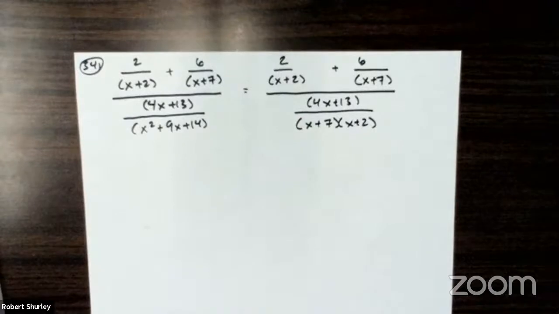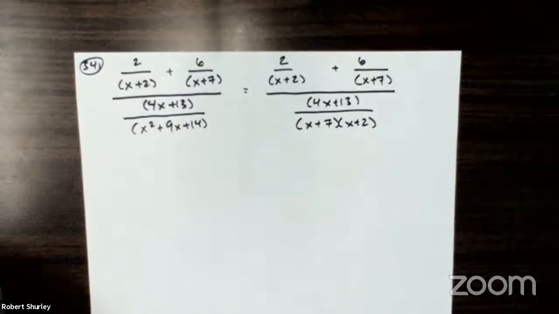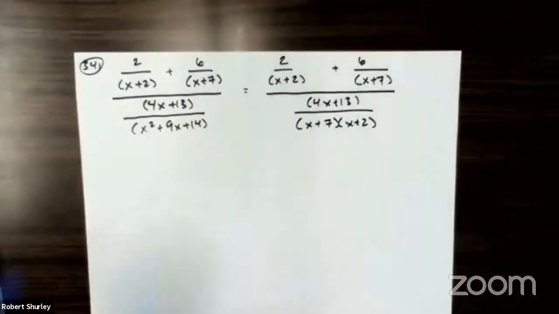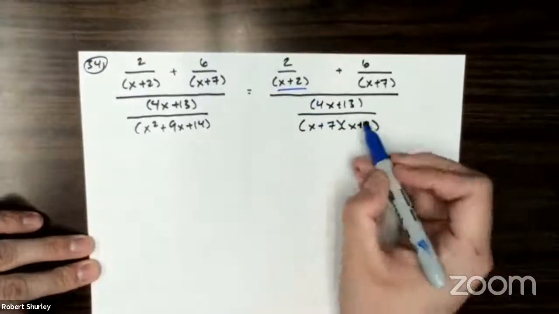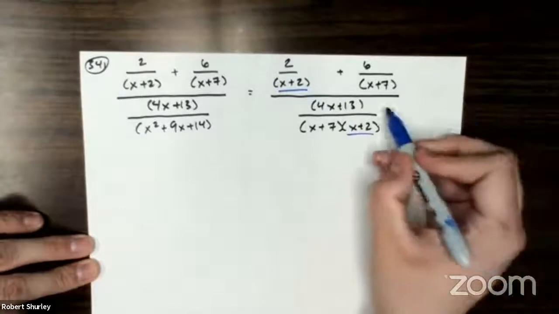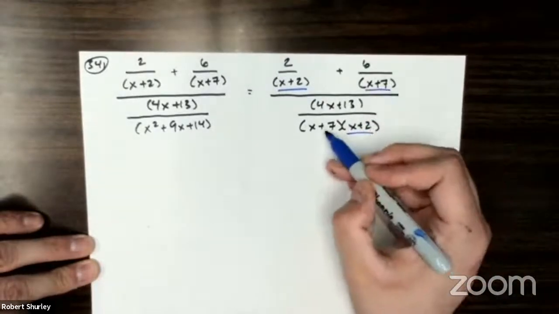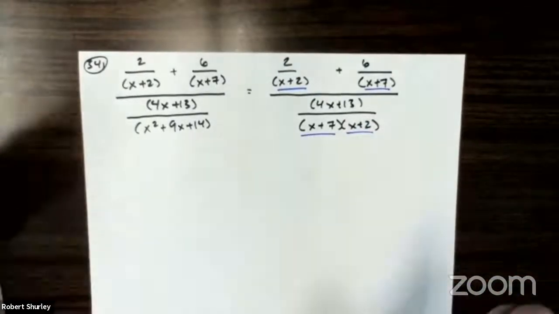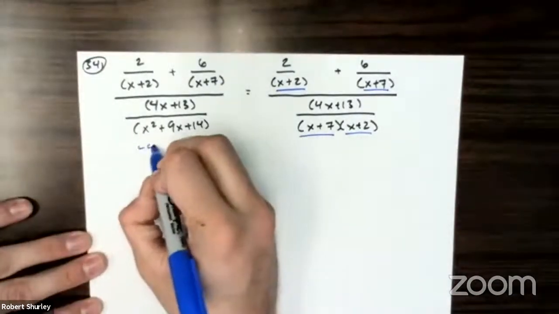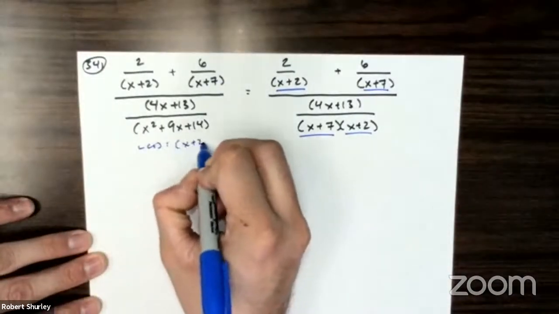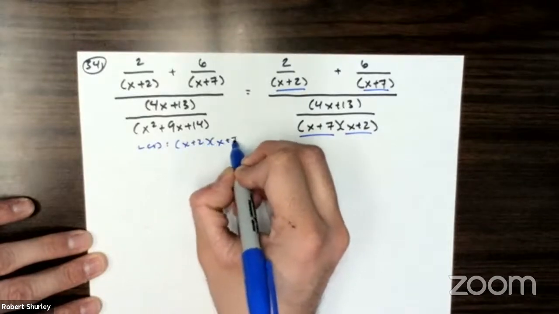And now we don't have to write as many denominators. We really only have 2 factors. We've got the x plus 2, which is in this fraction and this fraction. And we've got the x plus 7, which is in that fraction and the bottom fraction. So the LCD here is just going to be x plus 2 times x plus 7.